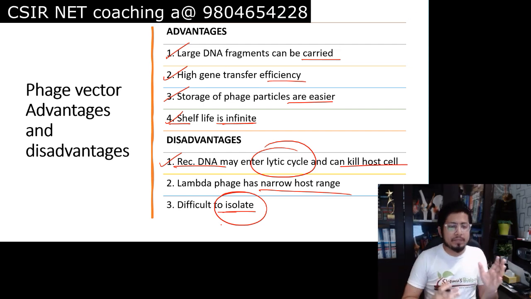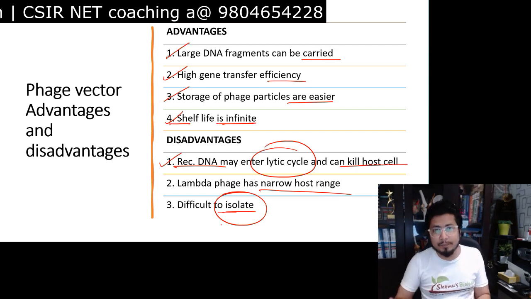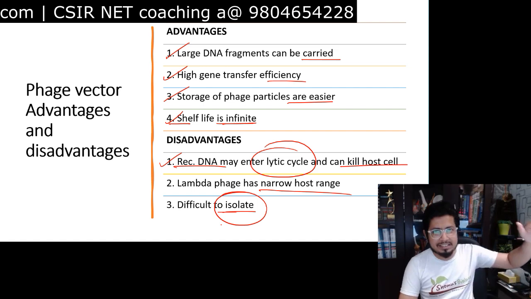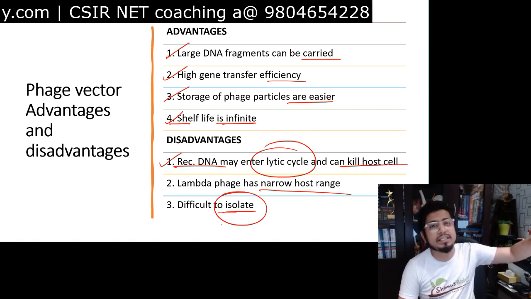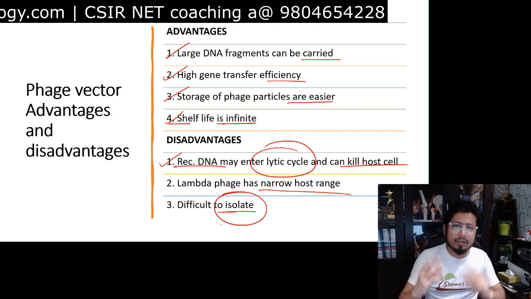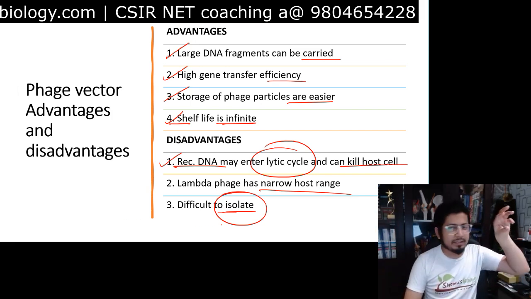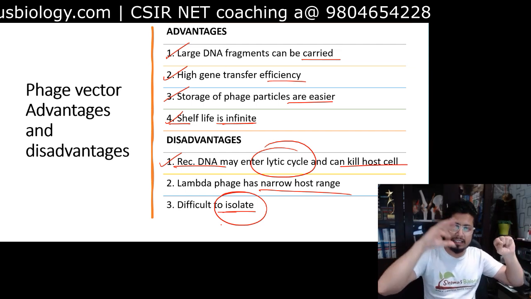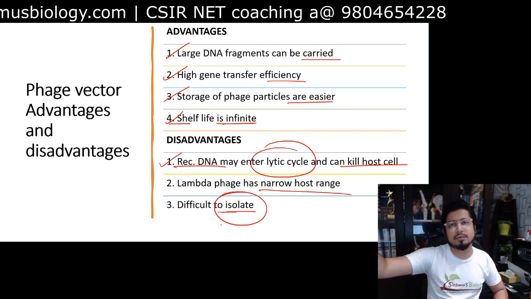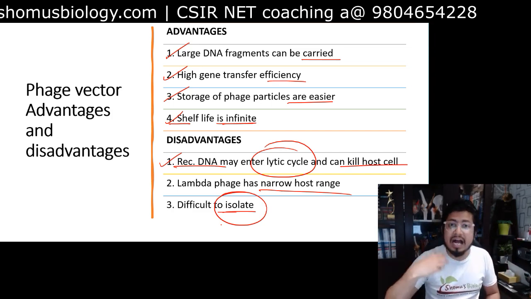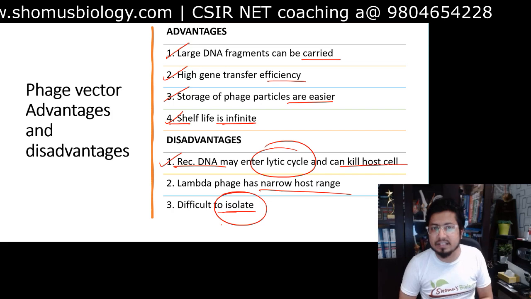So we are working with multiple domains: the virus, the bacteria as a host, and the target gene of interest from a eukaryotic cell. We are working with eukaryotes like human, bacteria as a prokaryote, and also virus. So that is one big problem, difficulty to isolate. That is always present as a disadvantage.